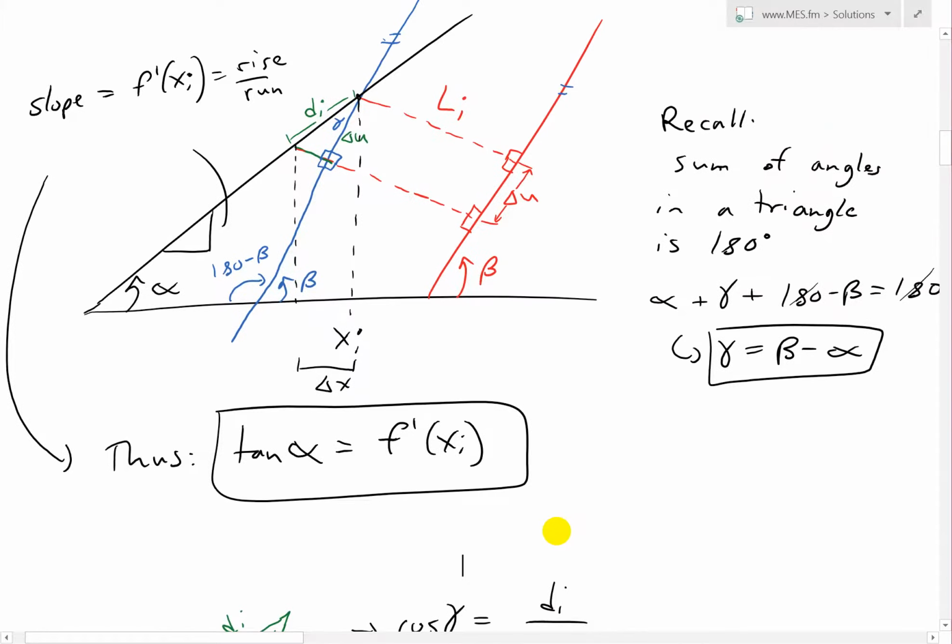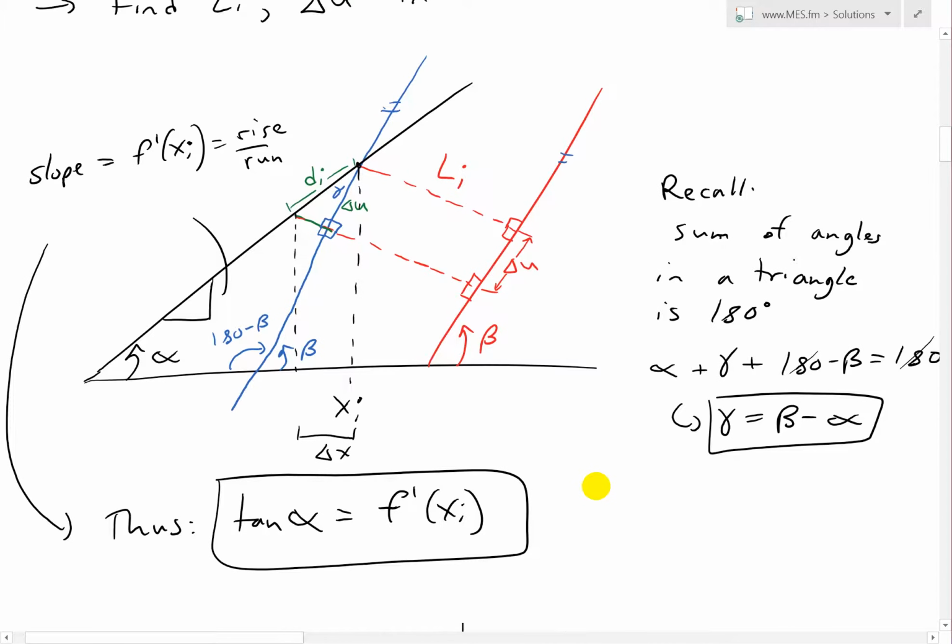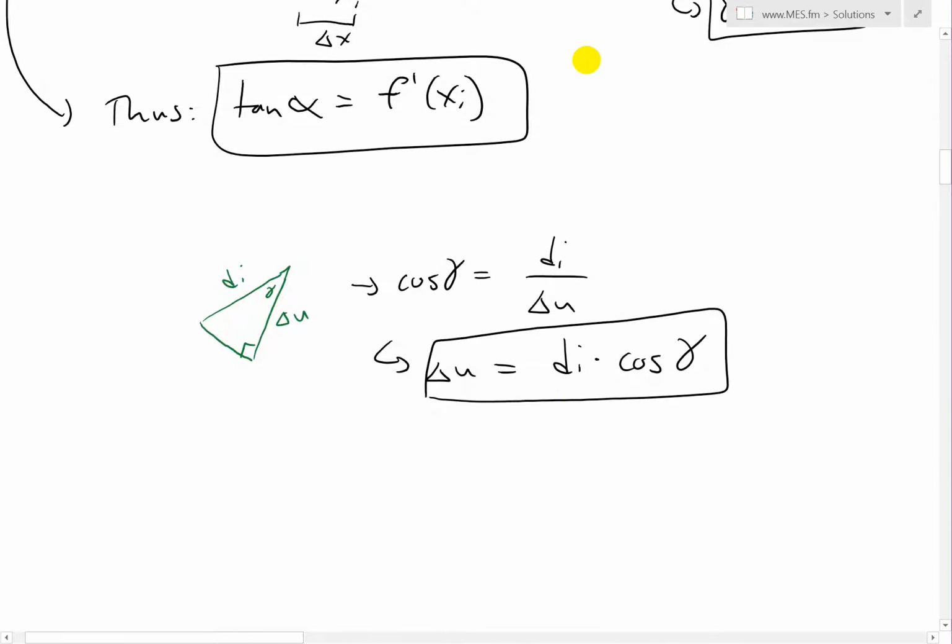And now we could solve for this di by looking at this delta x across here and just shifting this up above here. So we have a triangle like this, where this angle is alpha, and this distance across is just delta x, and we have a right angle triangle. I'll draw that out separately here in gray.